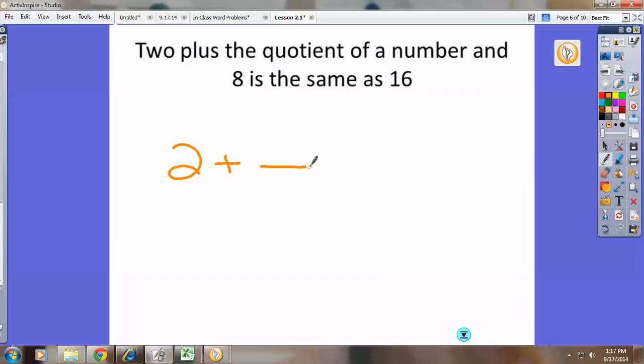A number and 8. Now how do I know which one goes on top? The one that's first always goes on top. Go in order. N divided by 8. Is the same as indicates we have equal 16. We're not solving at this point. We're just setting up the equations. That's all we're doing today.